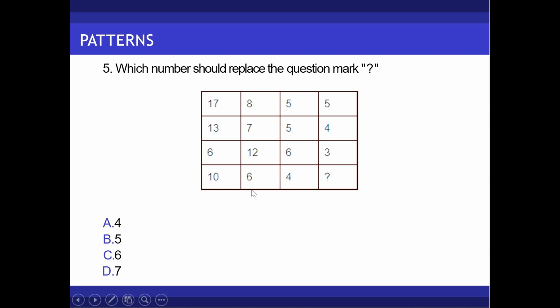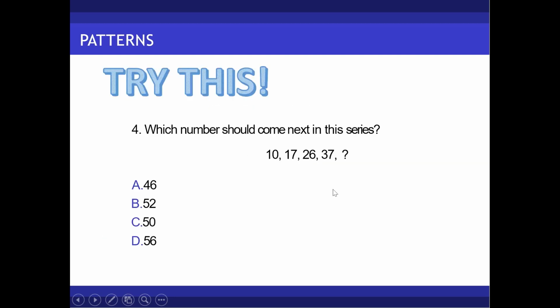Next, 10 plus 6. And the factors are, okay, so the answer is 4. Okay, can you try this one, class?